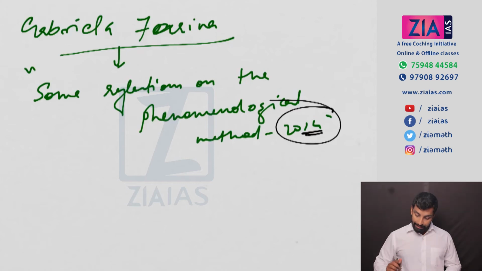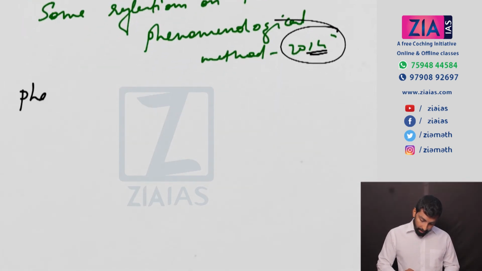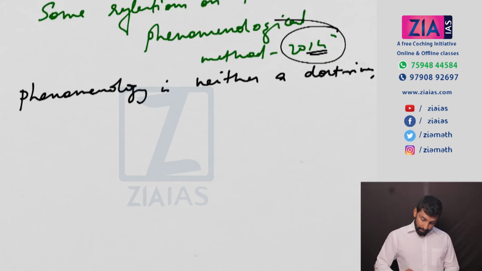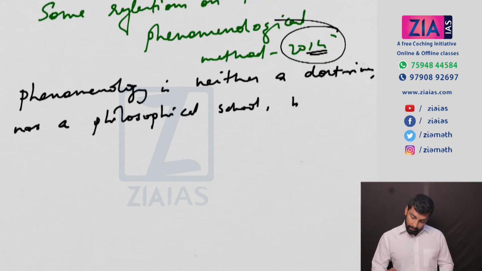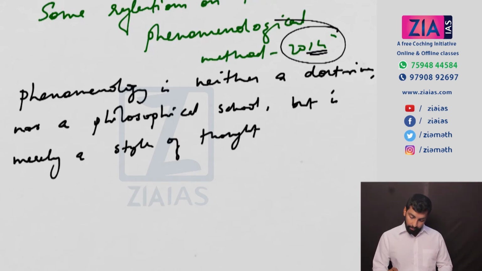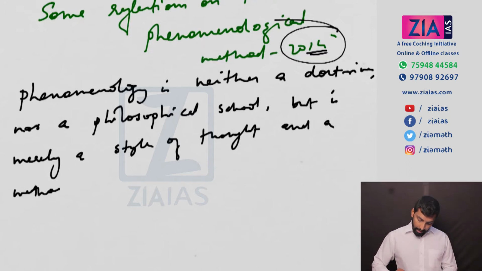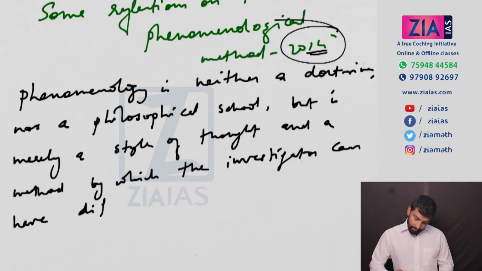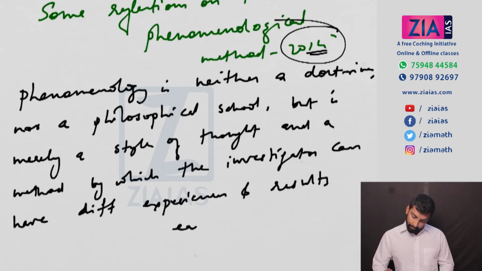What she says, you can write down: phenomenology is neither a doctrine, nor a philosophical school, but is merely a style of thought and a method by which the investigator can have different experiences and results each time.